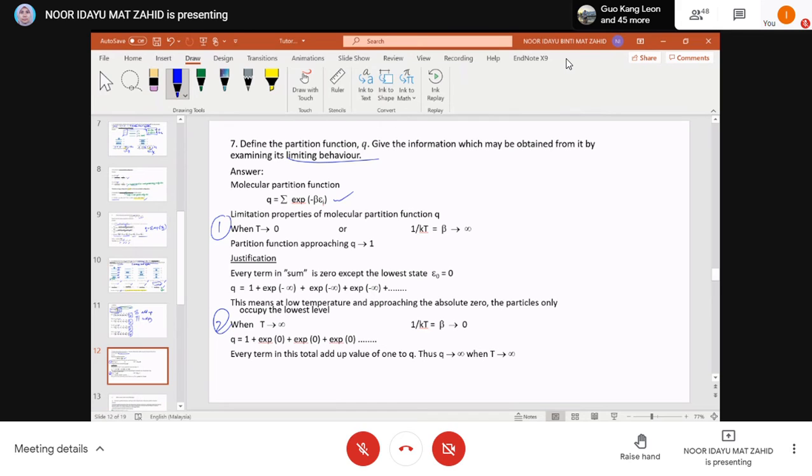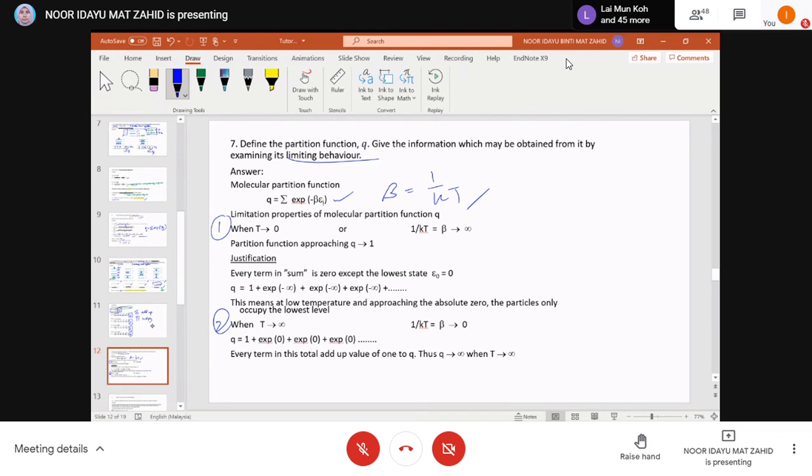When temperature approaches 0 Kelvin, it's a very low temperature value. Remember that beta is equal to 1 over kT, right? So it makes sense to have these two conditions relating to temperature.